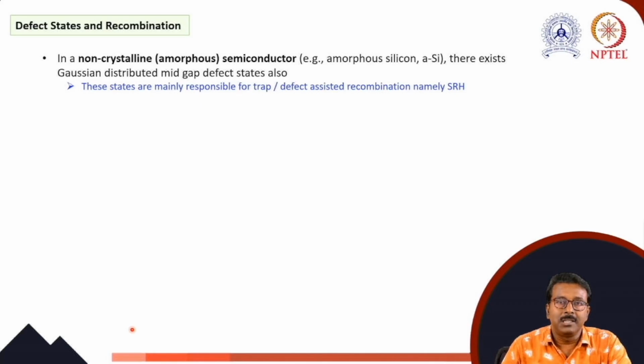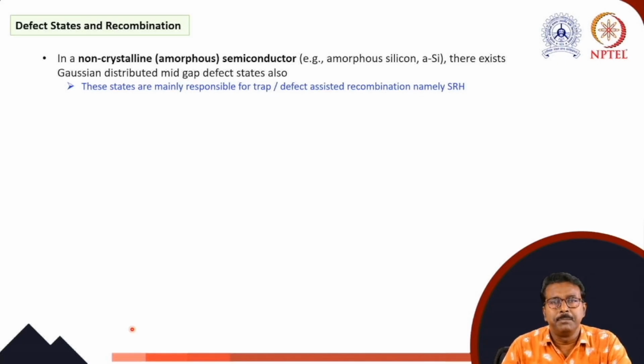The distribution of these states follows the Gaussian distribution, and these states arise due to defects in the material, maybe structural defects, not the disorder, some defects.